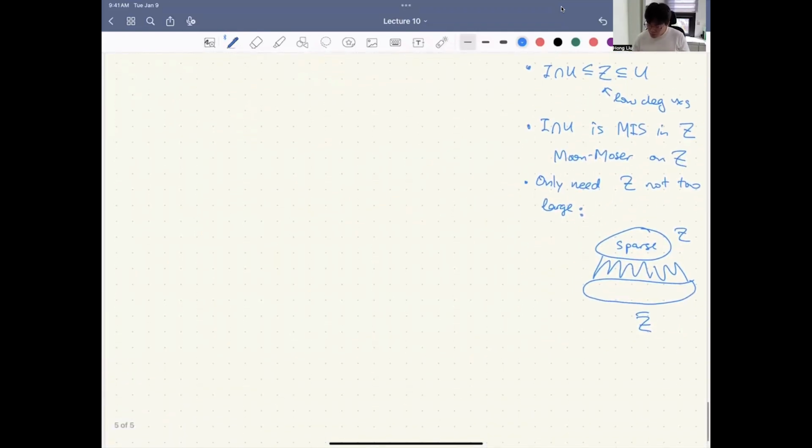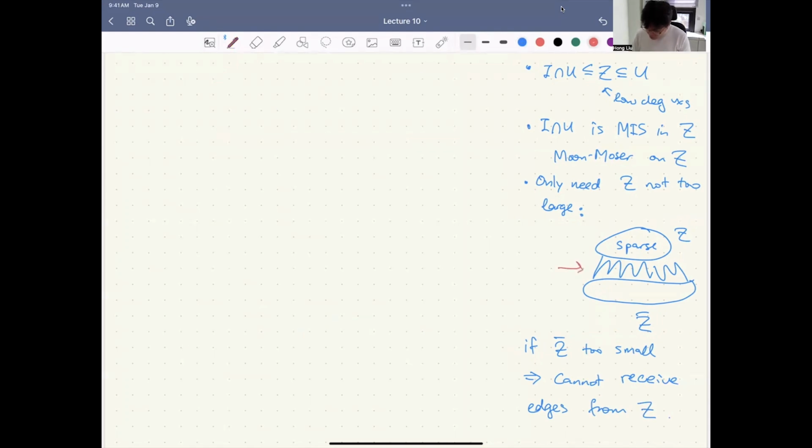So sparse, if Z bar, the complement, is too small, then it cannot receive edges from Z, okay?